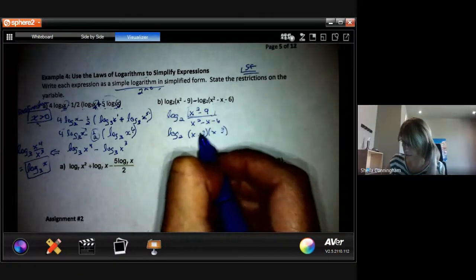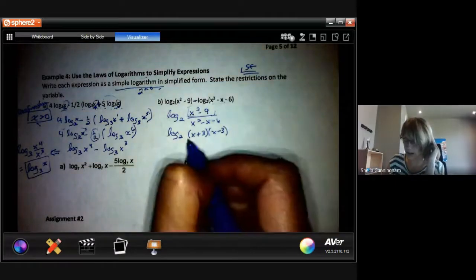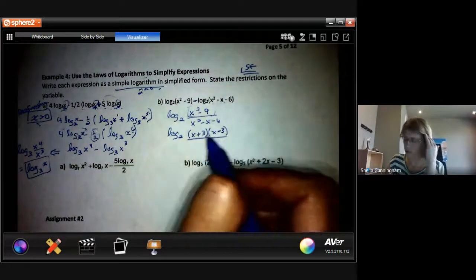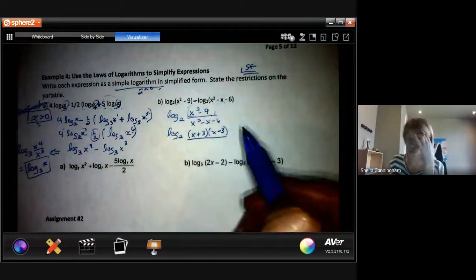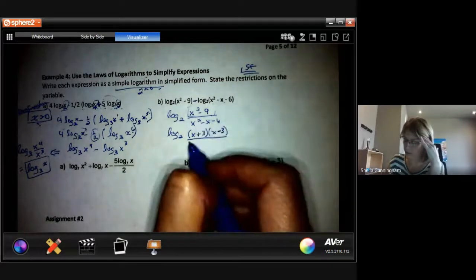And one of these is going to be positive, one of these is going to be negative. All I'm doing right now is simplifying this rational. I'm just trying to get the roots of it, because this is going to help me figure out where we move to next.